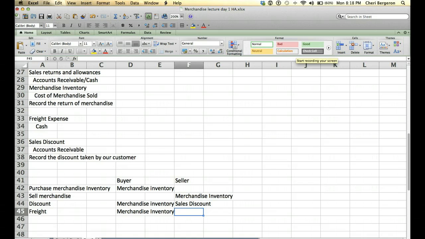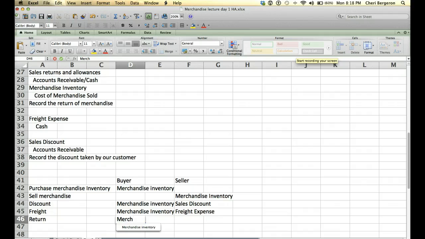But if you're the seller, that's a selling expense, and you're going to debit freight expense. If you have a return, if you're the buyer, you're going to credit merchandise inventory. But if you're the seller, you're going to use a contra account called sales, returns, and allowances.